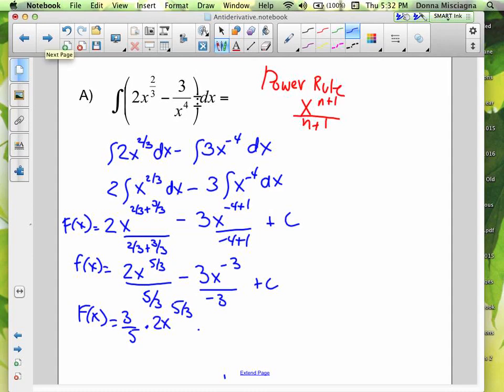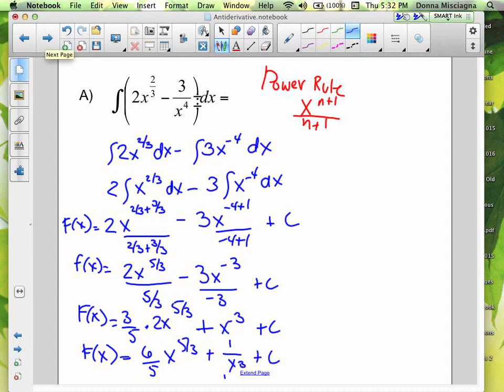Now the negative 3 divided by negative 3 is going to be a positive x to the negative 3 plus c. And so now let's just clean this up one last step. So we would have 6/5 x to the 5/3 plus 1 over x cubed plus c.